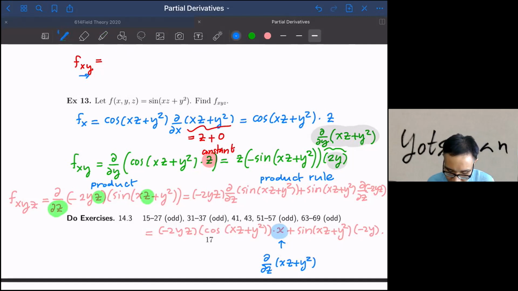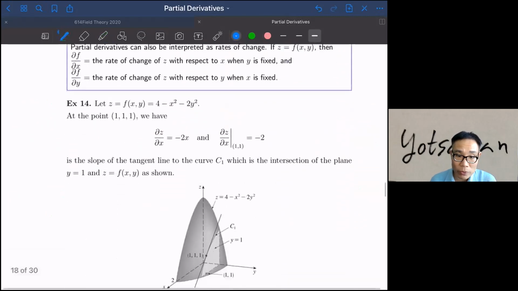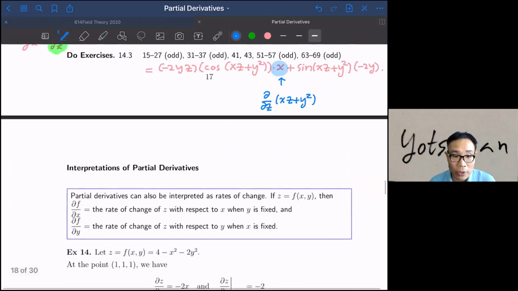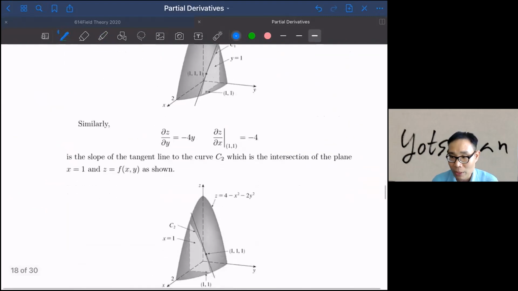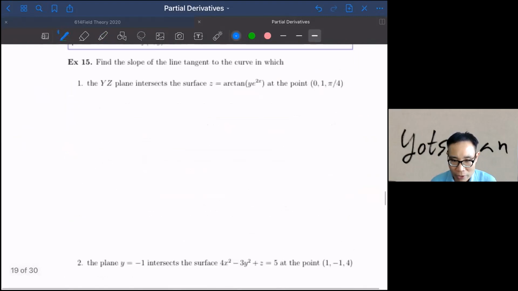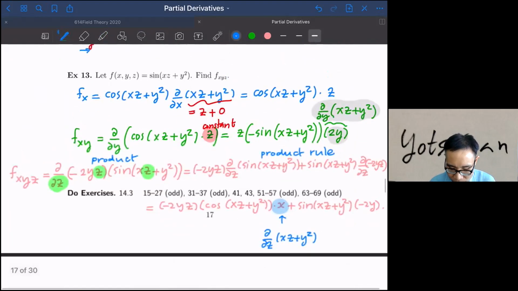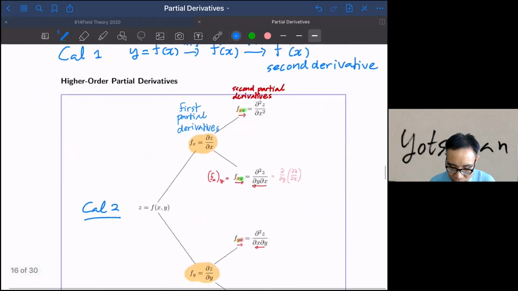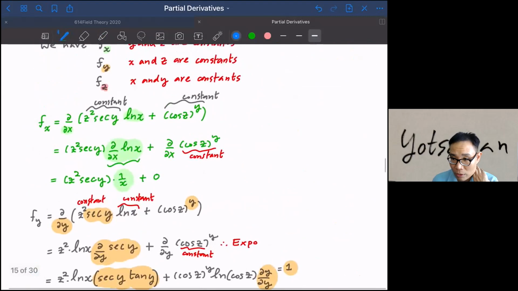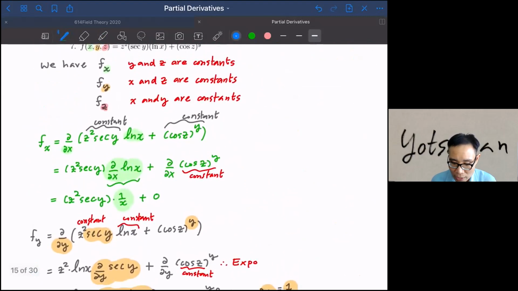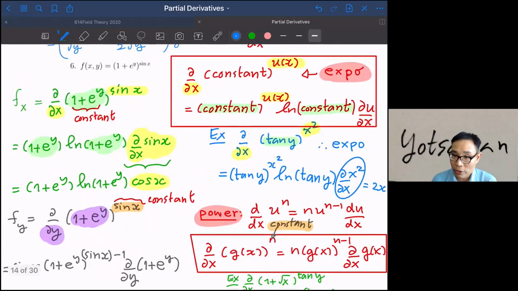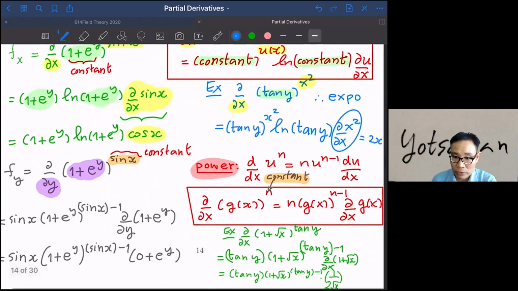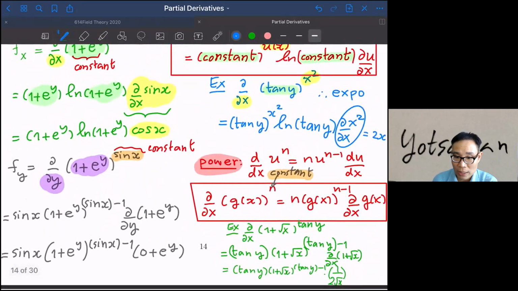Okay, I will stop here. The next clip will be about the meaning and interpretation of partial derivatives, and it's going to be about approximation. So this clip was more examples on partial derivatives. I ask you to be able to handle the exponential function in terms of a constant, or the power rule in terms of a constant like this.